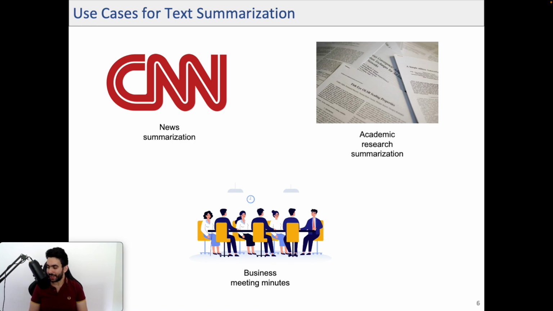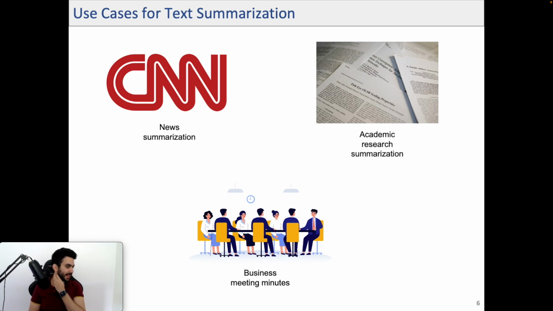Academic research summarization: maybe you've also gone through different research papers within the field and been overwhelmed with the amount of information that is there. If you get a gist, a Medium article, or something summarized over the internet about it, you're also getting the idea behind it more or less in a summary.